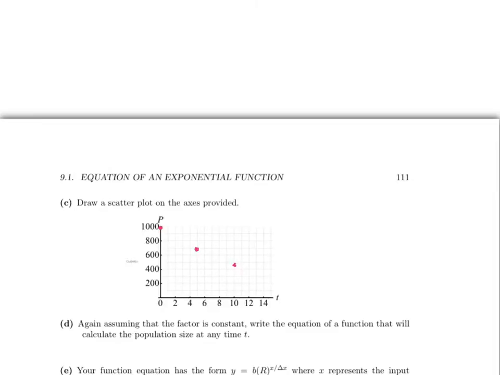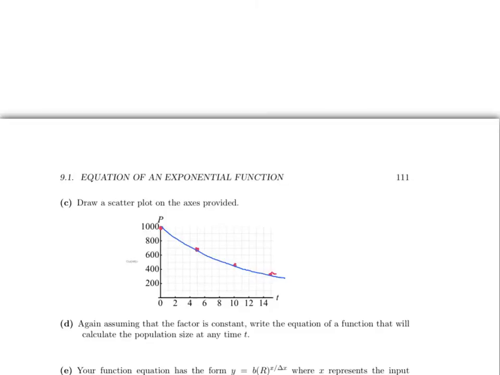And after 15 years, we were down to 343 individuals, which would put us right about there. So you can see a trend in the data that it's downward and it seems to be slowing down over time.